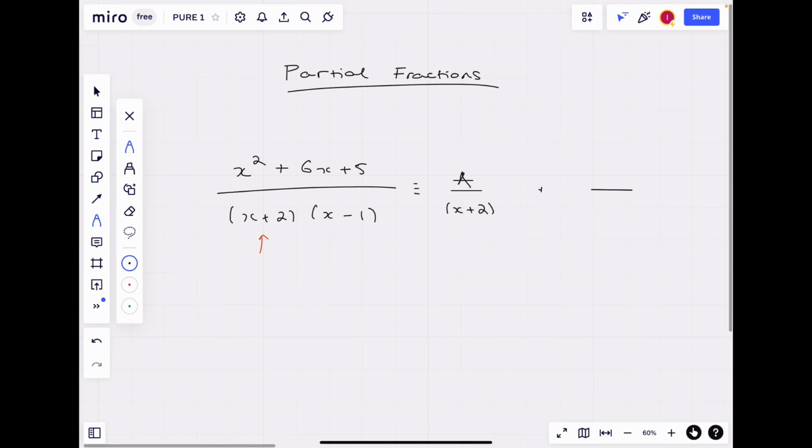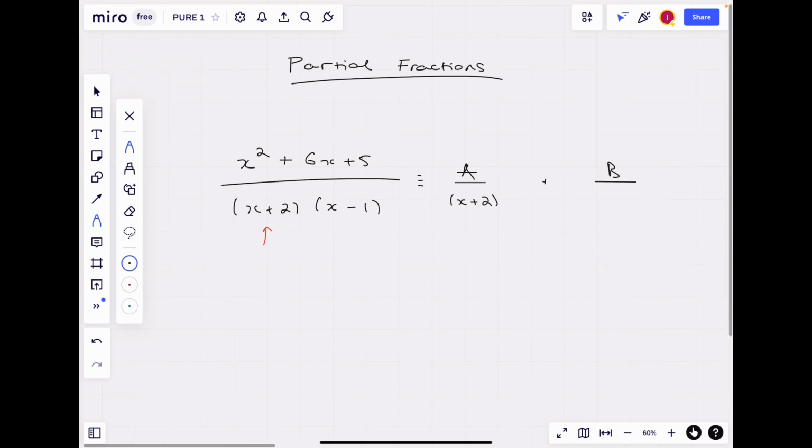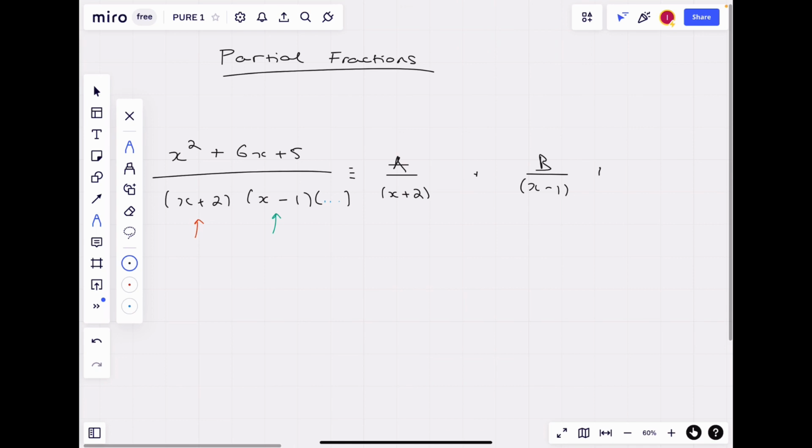The next fraction will have another constant, capital B, and then it's going to have the second bracket, x minus 1, as its denominator. If, let's say, I have a third bracket, then I'm going to have another constant with that third bracket as the denominator of that third fraction.